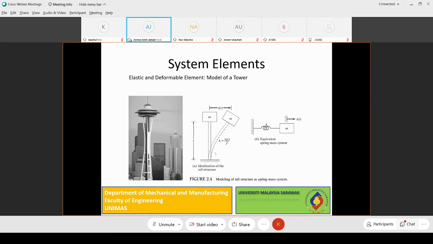So this structure can be considered as a spring because it is deformable. Even though this system is actually a nonlinear system, we can simplify it into a linear system by simplifying the model into a spring and mass. But of course, the value of K for the structure would be different, depending on the structure itself.